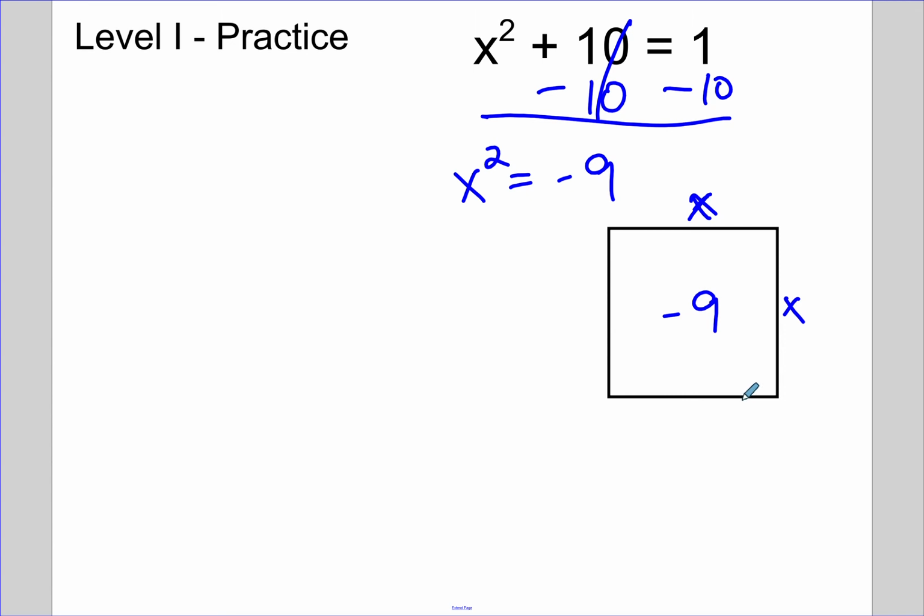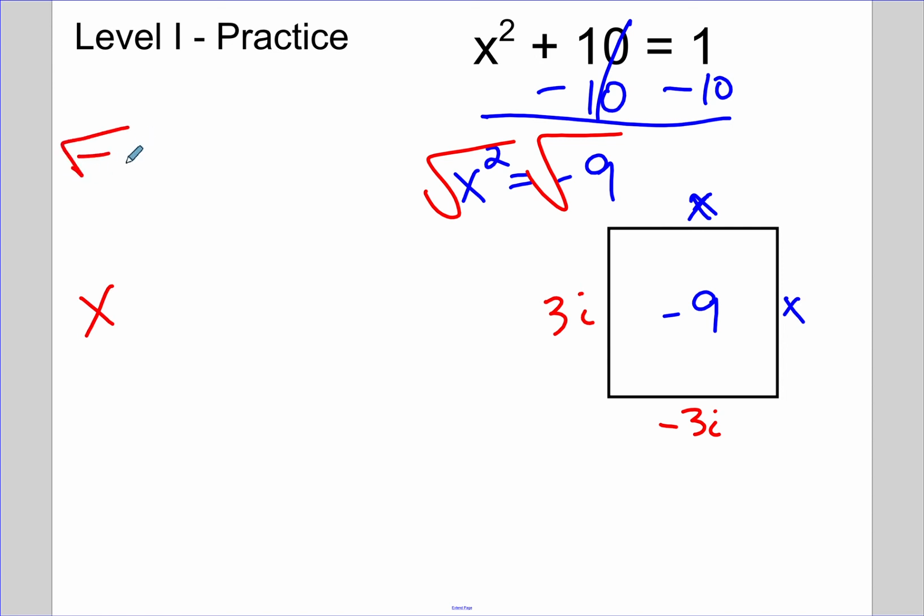What are the numbers we can multiply by itself to give us negative 9? Well, knowing about complex numbers, that would be 3i and negative 3i, right? That's not readily apparent necessarily, unless you're familiar with it. You can look here, we take the square root, and we get x equals the square root of negative 9, which is equal to the square root of negative 1 times the square root of 9.